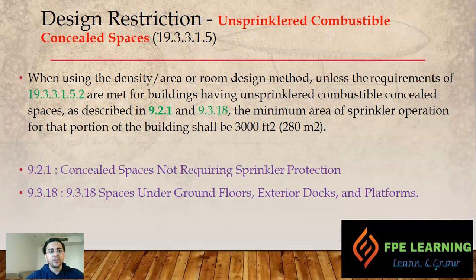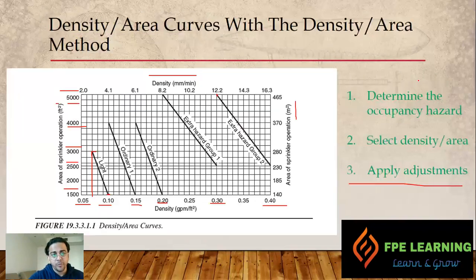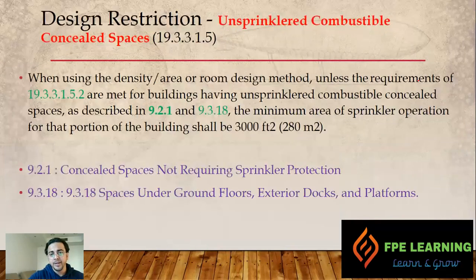We have to meet some requirement of 1933-152 to keep our area of operation for the sprinkler up to from this curve, right? If we are not meeting 1933-152, which talks about concealed space not requiring sprinkler protection.